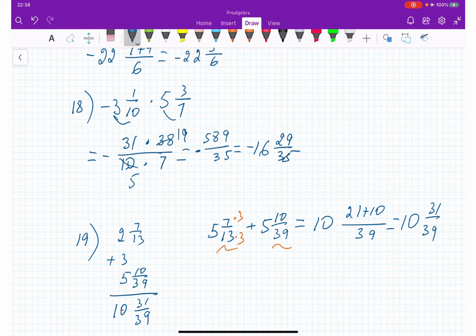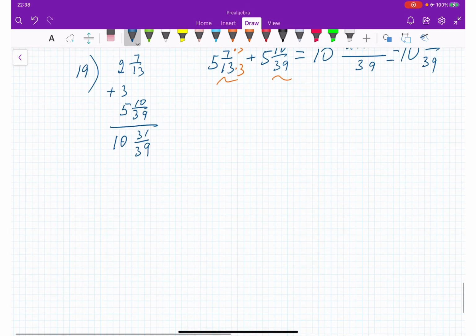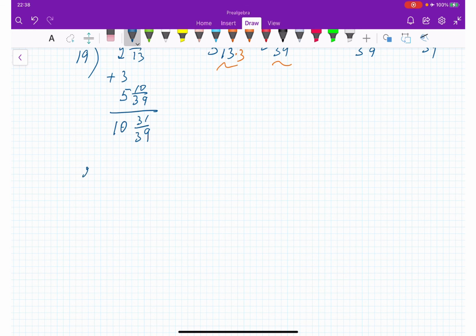And the very last question, number 20. Oh, that's a good one. 15 and 2 over 7 plus 20 and 3 over 14 and plus 35 and 1 over 21.